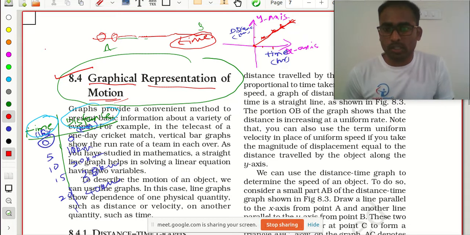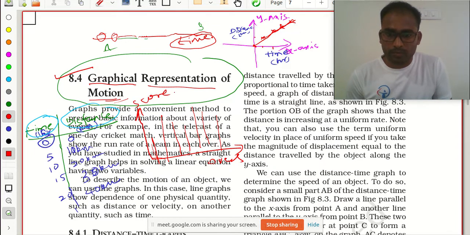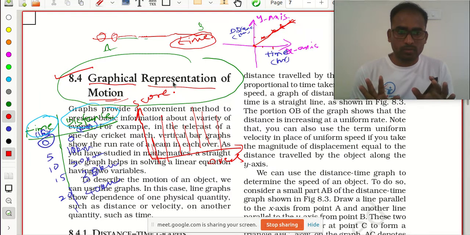Suppose that is a 20 overs match. So in the first over how many runs? In the second over how many? Third, fourth, fifth, sixth, like this. So this x-axis represents what? Overs. And the y-axis represents what? Score. Is it understood? Is it okay for you all?